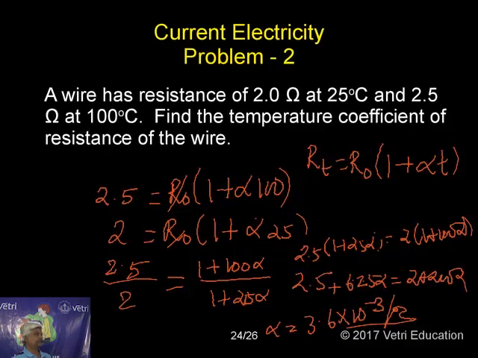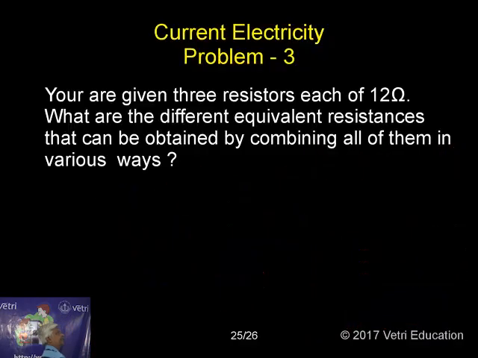Here R2, resistance at 100 degree, 2.5 minus 2, that is 0.5, by R1 T2, R1 2 into 100 minus R2 T1, 2.5 into 25. That also we can directly put. Whatever is the thing, you have to understand it.